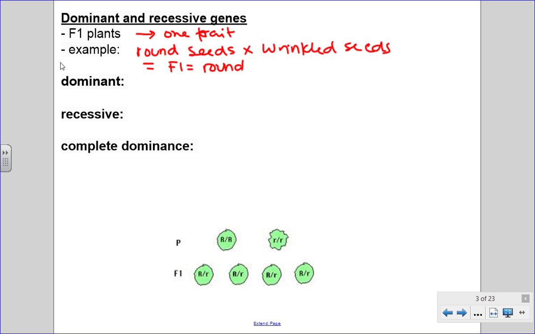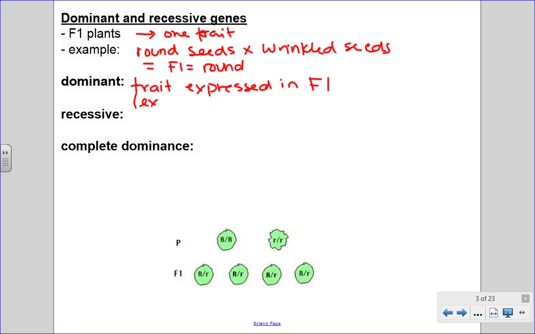The dominant trait is the trait expressed in the F1 generation. So if he took two pure plants and crossed them, and only one of the traits showed up in the next generation, that trait was the dominant one.